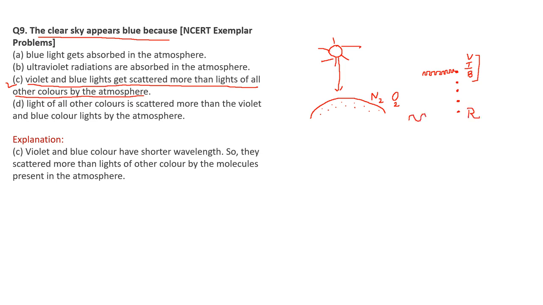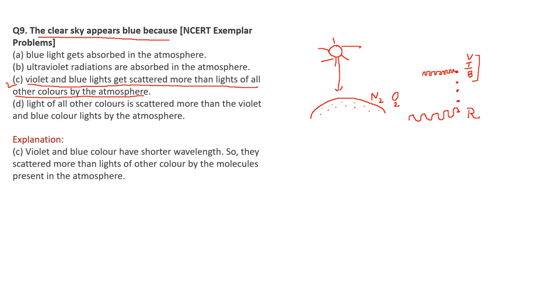Red has the longest wavelength. So when they strike these small particles, it doesn't make any difference. They don't get scattered by these small particles. So the spectrum of the light which gets scattered by the small particles is violet, indigo and blue.